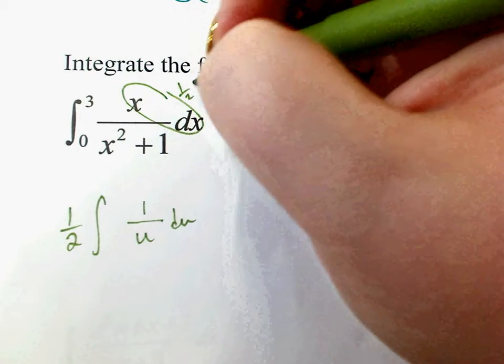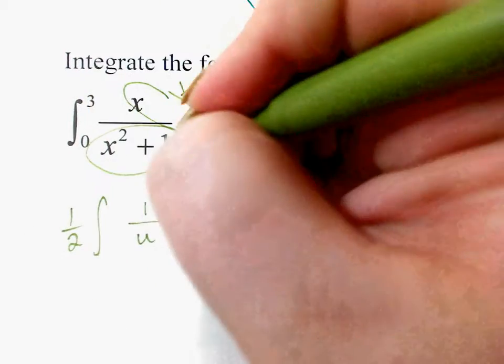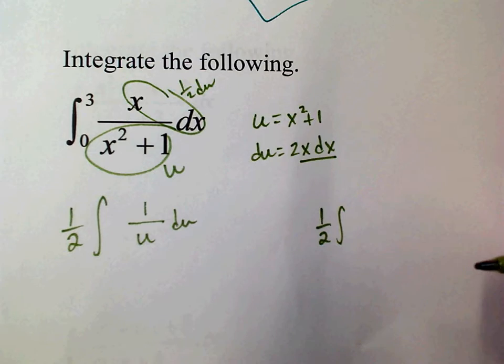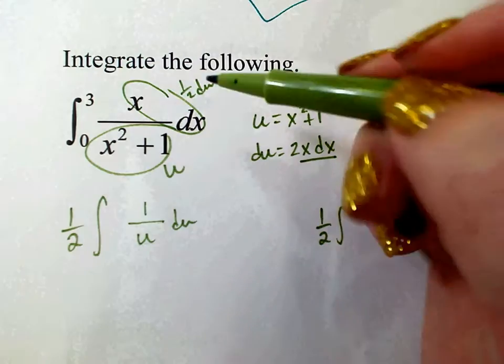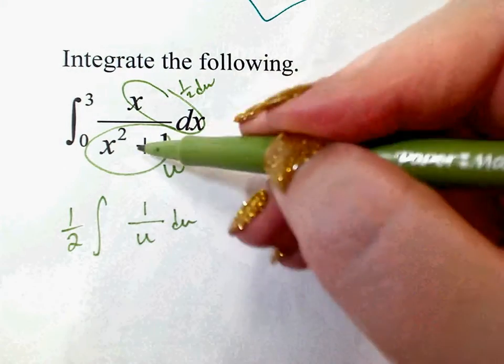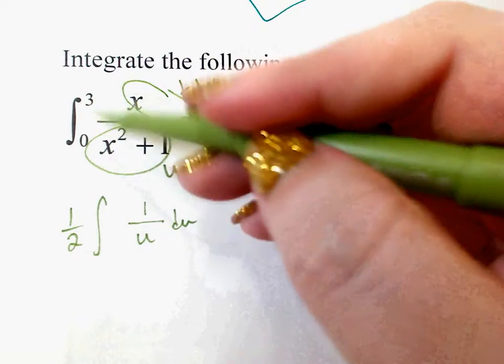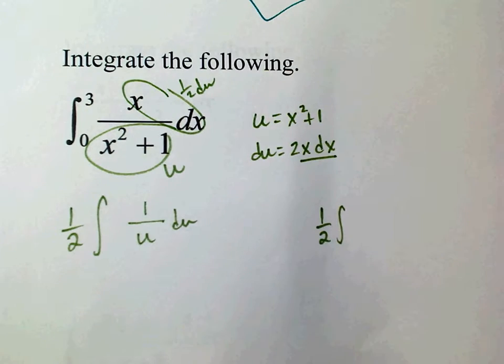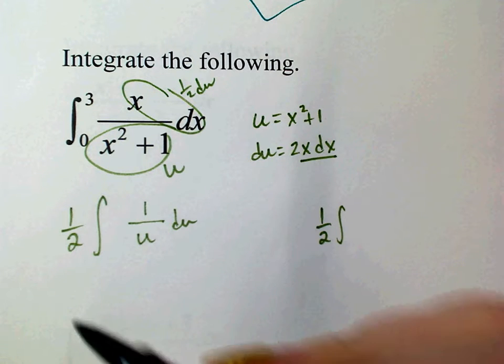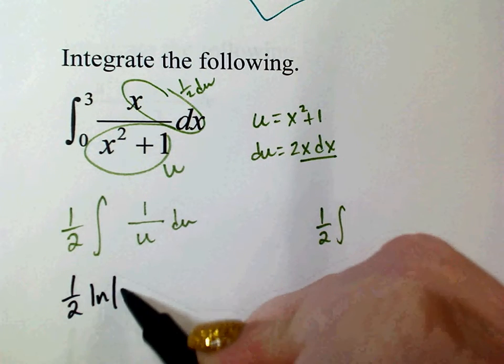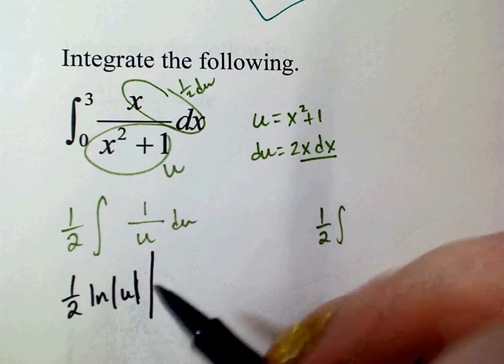This is replaced with u. Are y'all with me? Yes. So that's 1/2 du. That's 1 over u. And then we're not putting anything there. What's the antiderivative of 1 over u? So natural log of the absolute value of u from nothing to nothing, right?